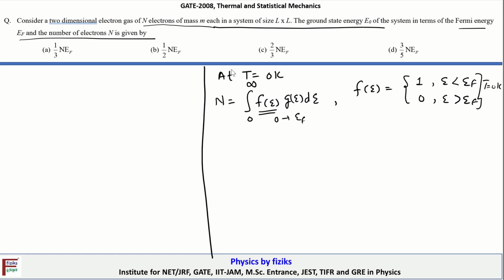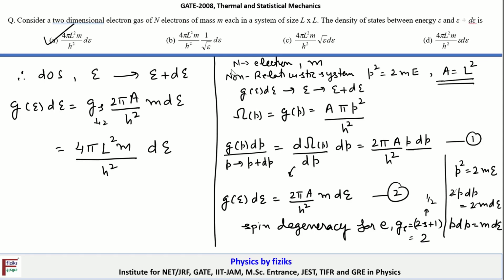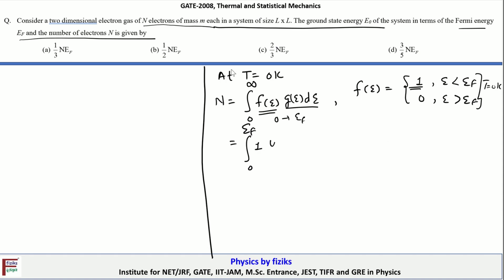So the number of particles in the system is equal to the integral from 0 to Ef, up to the Fermi energy, where Fe has a value of unity, so I am replacing it with unity, and then the expression for GE dE that we just obtained in the previous problem, 4 pi L square M upon H square dE.